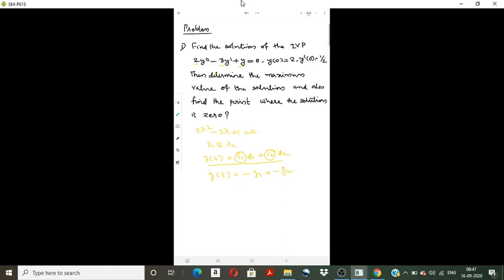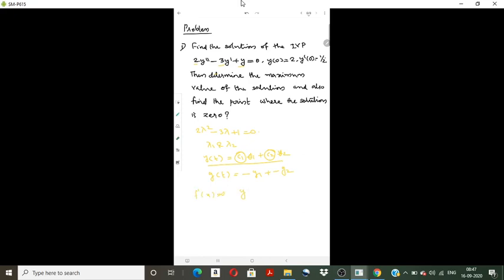We know that the maximum or minimum of a function is obtained at the points where y dash is equal to 0. For a function f of x, a local minimum or local maximum must exist at the critical points. Critical points are the points where f dash of x is either 0 or not defined.